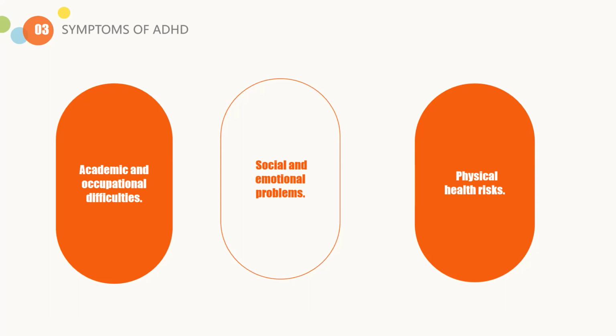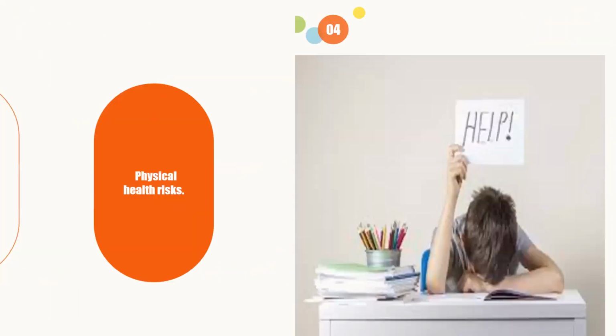And also physical and health risks. So sometimes they can also self-harm or neglect physical activity also. So let's just get into detail with regards to academic and occupational difficulties.